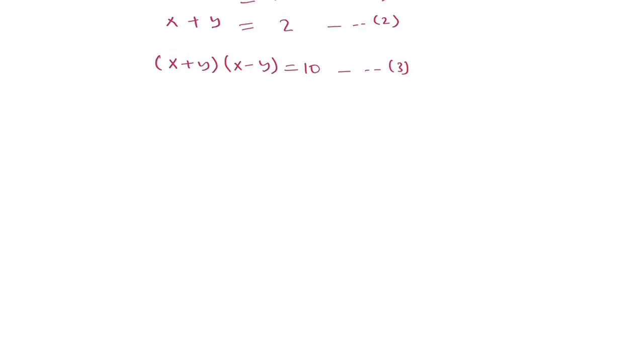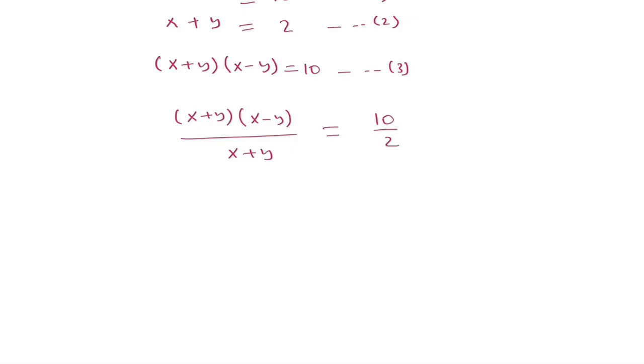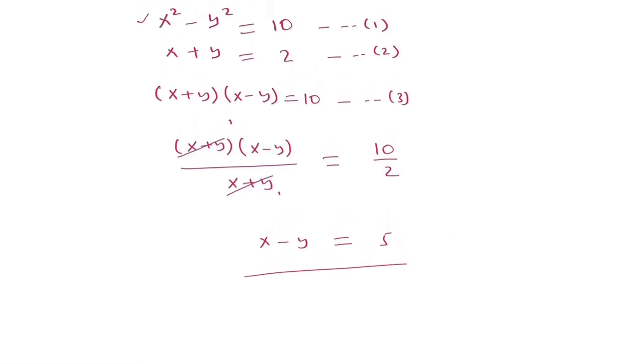So we have (x plus y)(x minus y) over (x plus y) equals 10 over 2. From our equation, we can see that x plus y is common, so we can cancel it. And 10 over 2 equals 5. So our equation is x minus y equals 5, and that is going to be our answer.